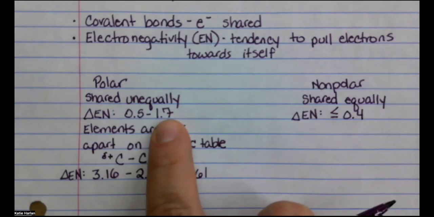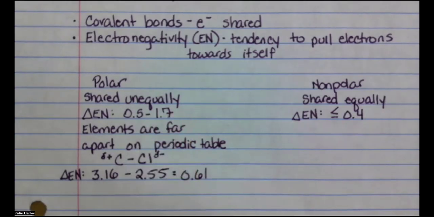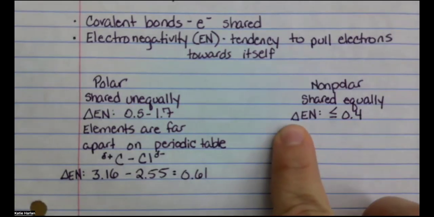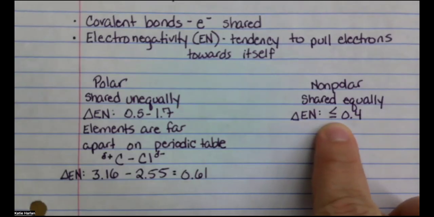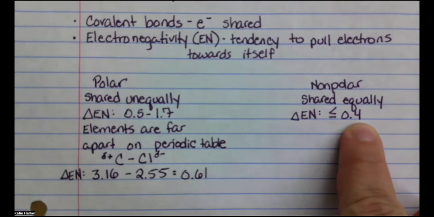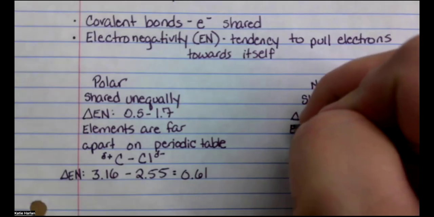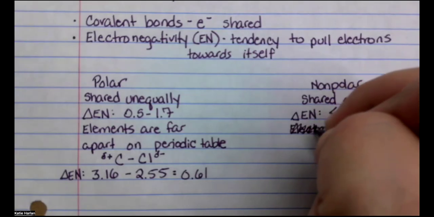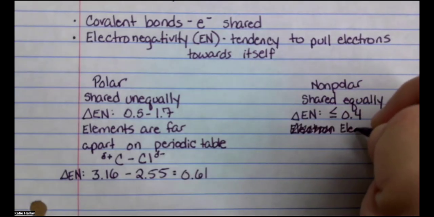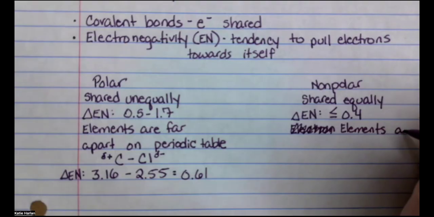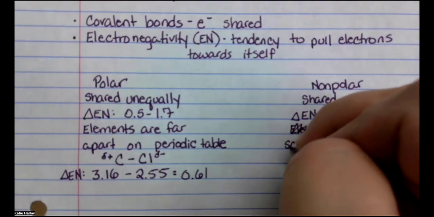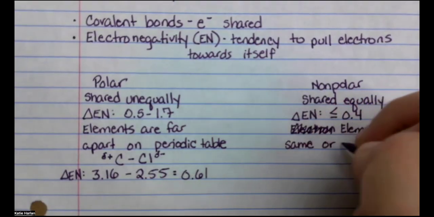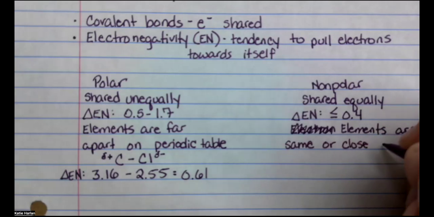Anything beyond 1.7 is going to be ionic. And another telltale sign is if it's ionic, it's going to have a metal and a nonmetal. But back to nonpolar, our difference in electronegativity is going to be 0.4. And if we don't have electronegativity, the elements can be the same, such as a hydrogen-hydrogen bond, or they are close on the periodic table.